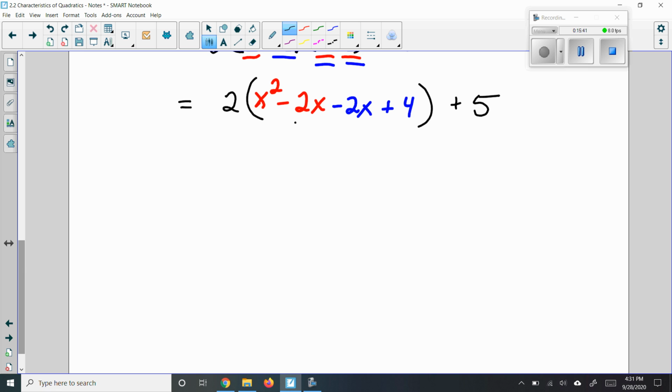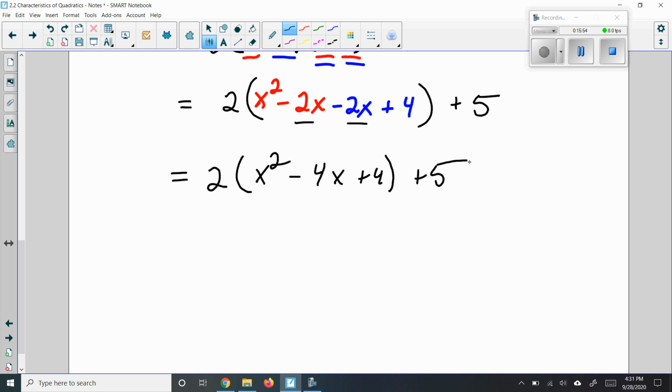So now we can combine the like terms. Negative 2x minus 2x is minus 4x. Now we can distribute this 2. So 2 times x squared is 2x squared. 2 times negative 4 is negative 8x. And 2 times 4 is 8.